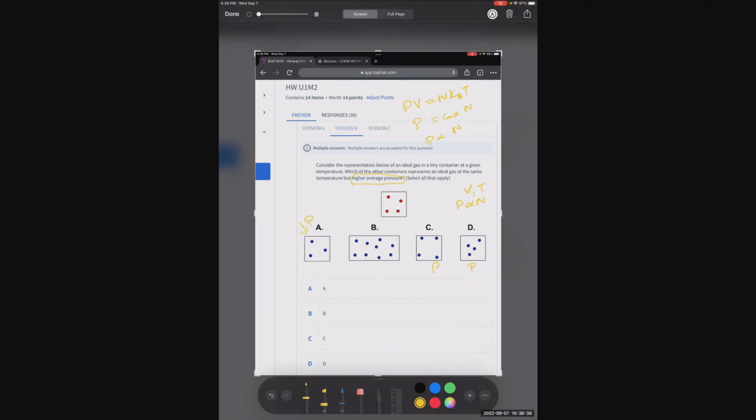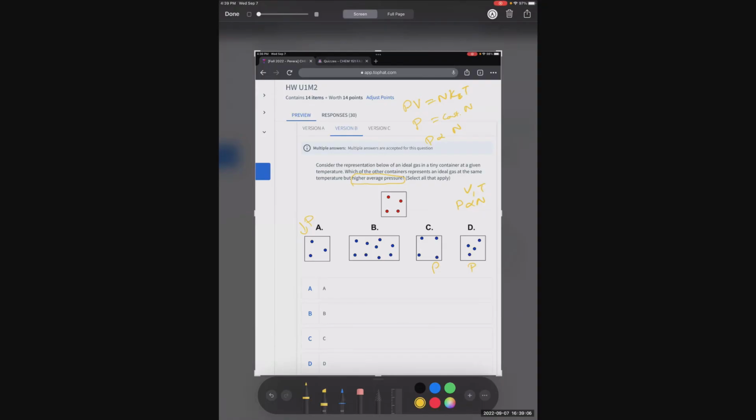The volume of option B is double, twice the original container. So for it to have the same pressure as the original container, it should have twice the particles.